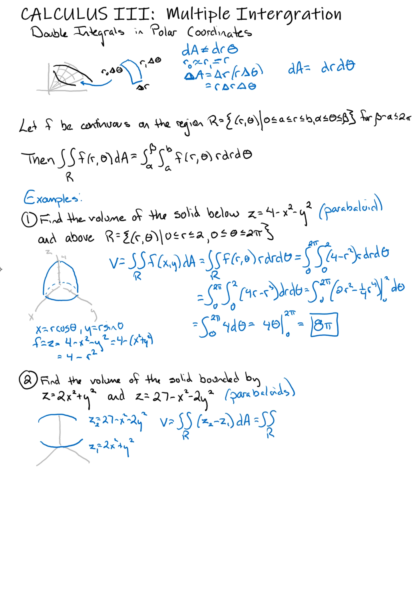Double integral over our region of 27 minus x squared minus 2y squared minus (2x squared plus y squared) dA.